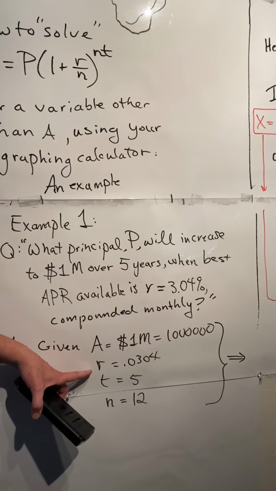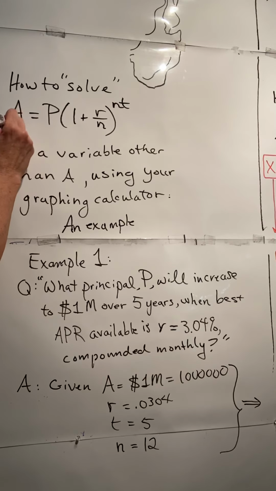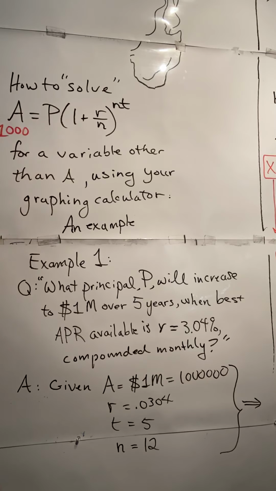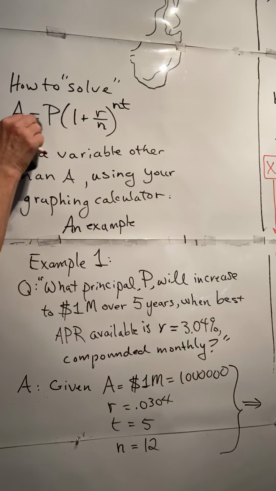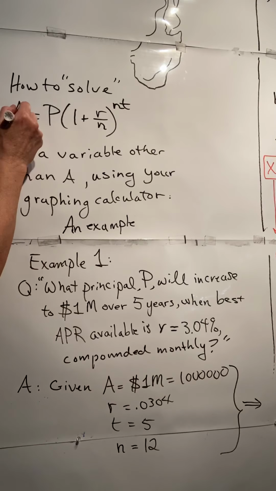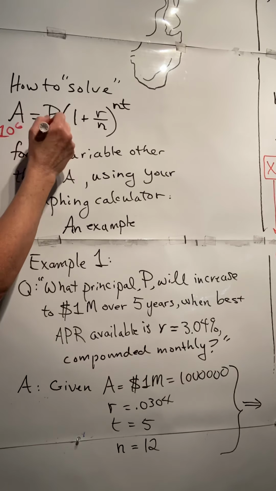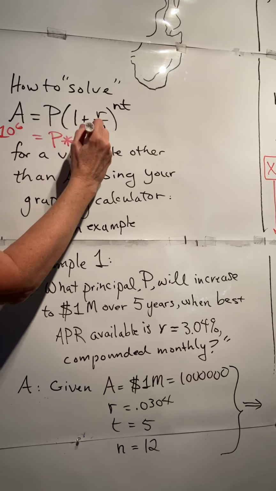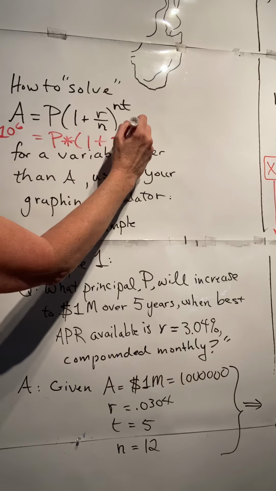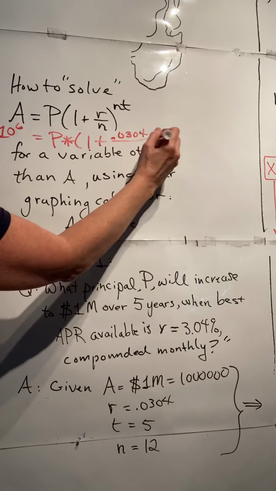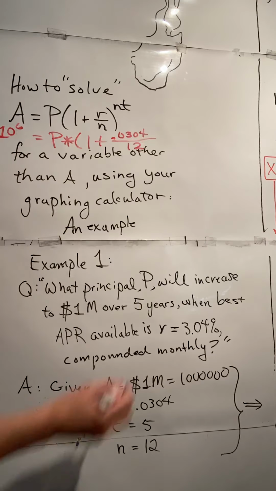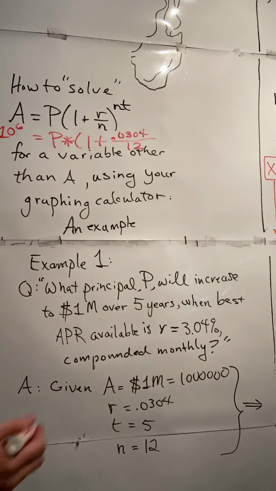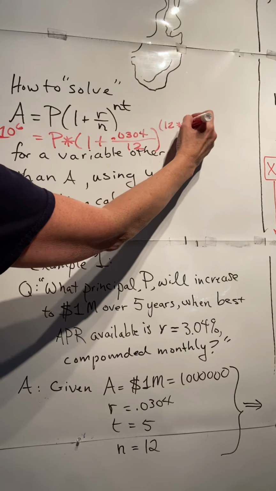we get something that looks like 1 million. I'm just going to write it as 10 to the 6 just to fit it in here. 10 to the 6 is equal to P, that's our unknown, times 1 plus 0.0304 divided by 12, because they said compounding monthly, and raised to the, that's 12 times 5, right?